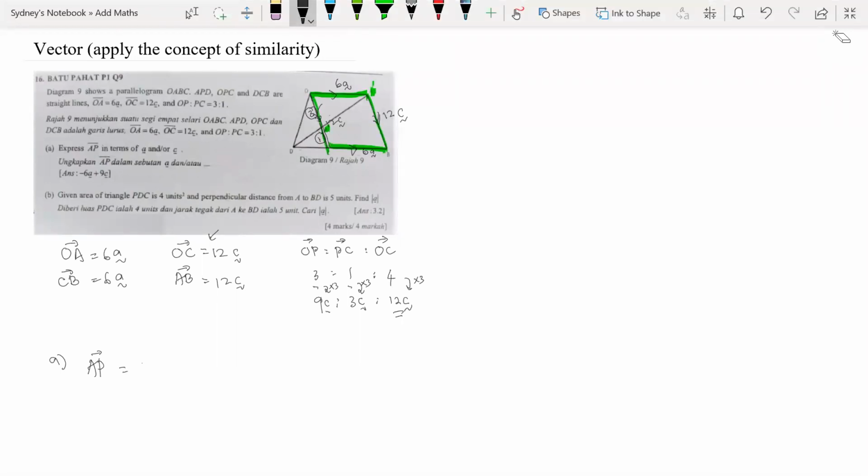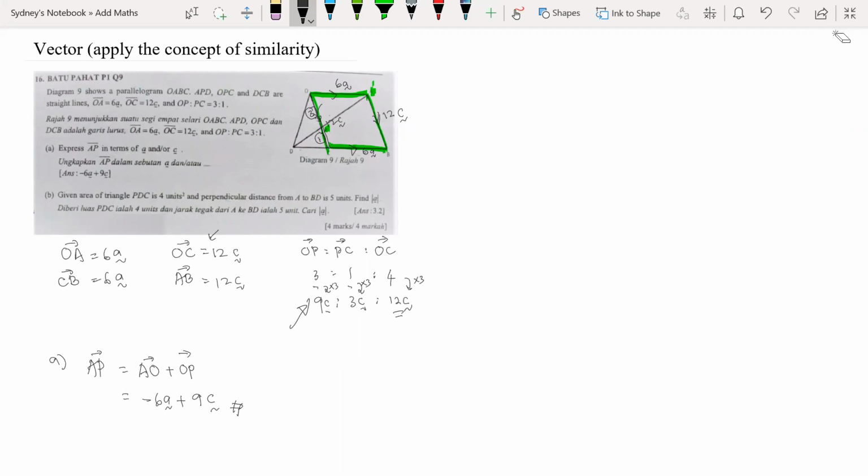That is, A moves to O, and then from O, move to P. What is AO? We have OA as 6a, so AO will be the opposite, so we put negative 6a. And OP we just found by using the ratio and proportion, so it's 9c. So we found the answer for AP.